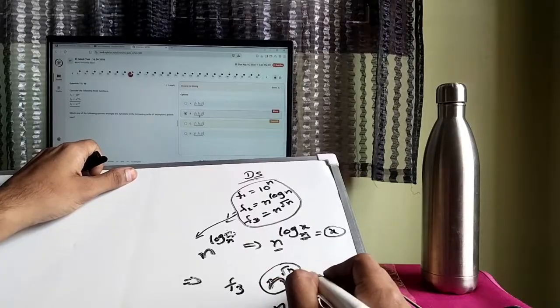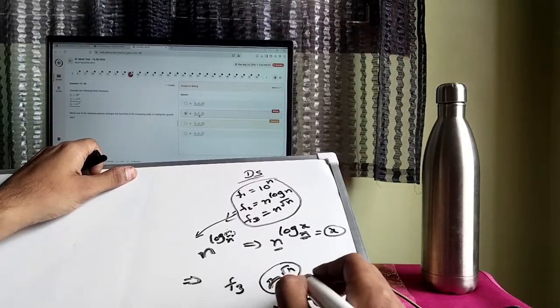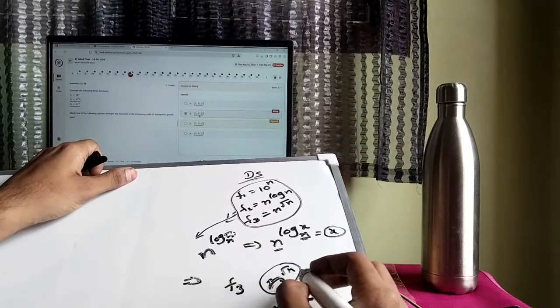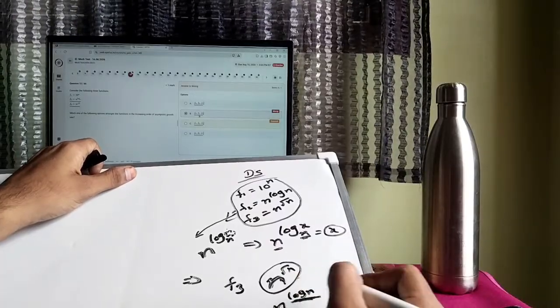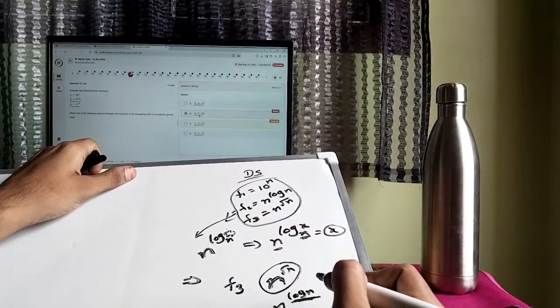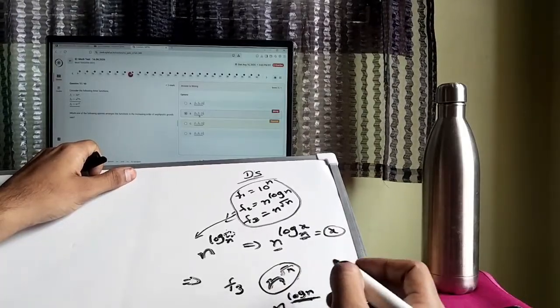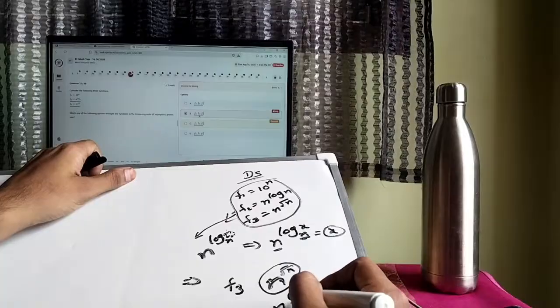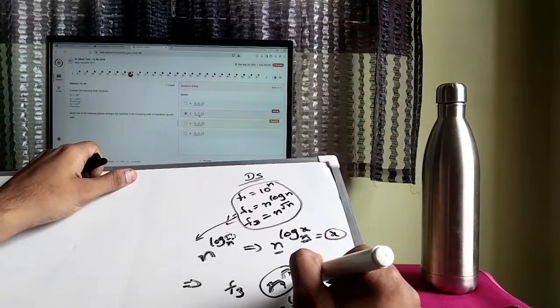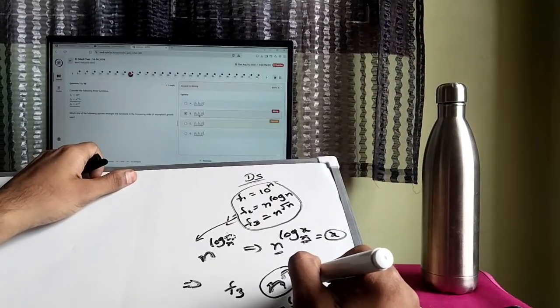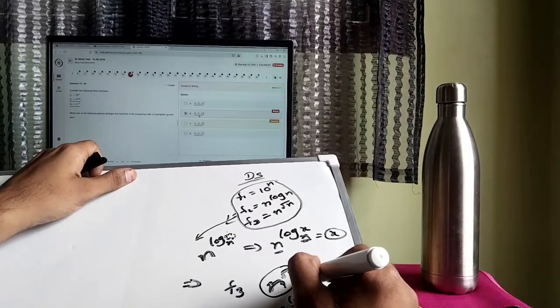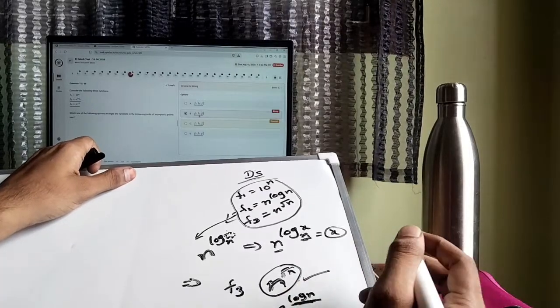If two functions are equal, you have to compare the powers. We can see that log n is lesser than root n, means root n is greater than log n. So f3 is the greatest increasing function among all.